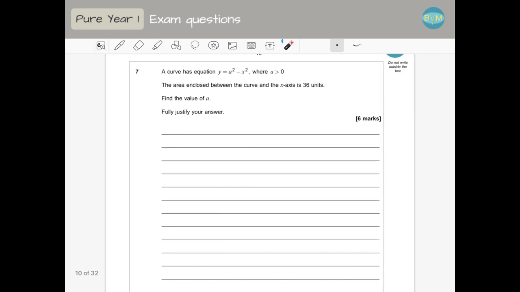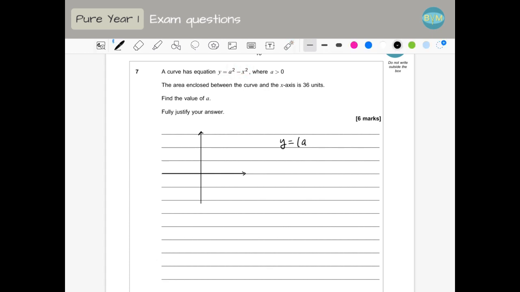I think it's going to help you to see the curve represented. So it's a quadratic, it's an upside-down U because the coefficient of x squared is negative. If we factorize, we can use the difference of two squares, because we have something squared minus something squared.